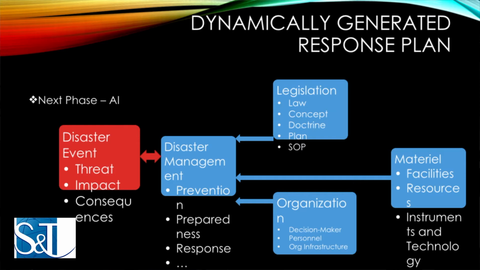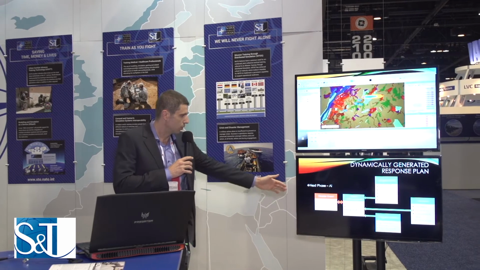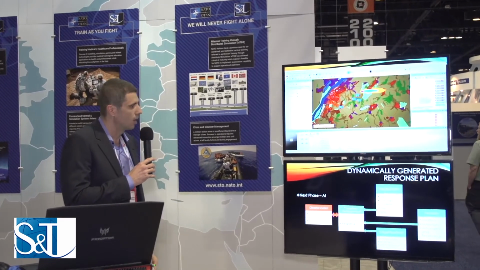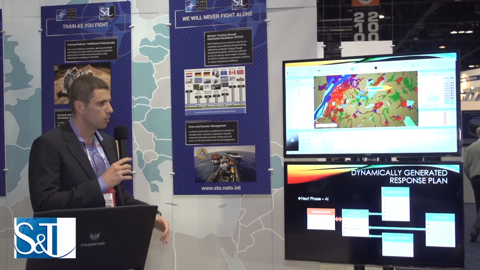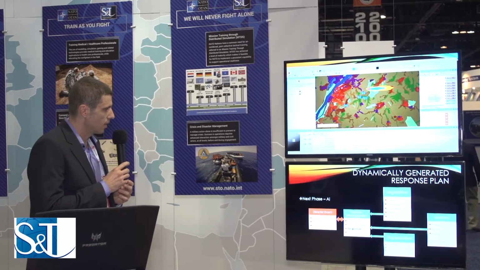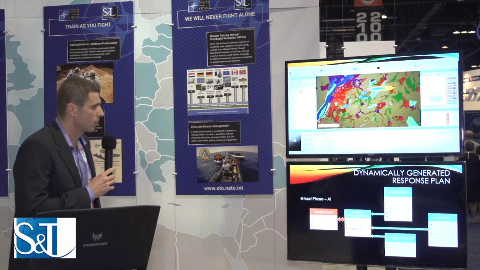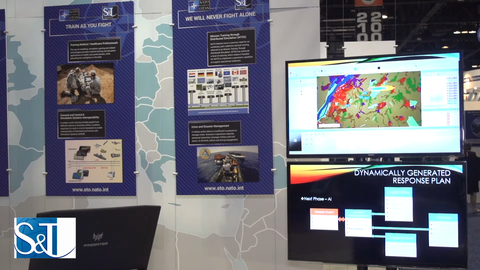And the next step is to use artificial intelligence because it will give us a more comprehensive approach. As you can see, this is our approach to how the response could be generated. We have a disaster event, and we have to generate our plan, and this is our proposal for how it could be done.